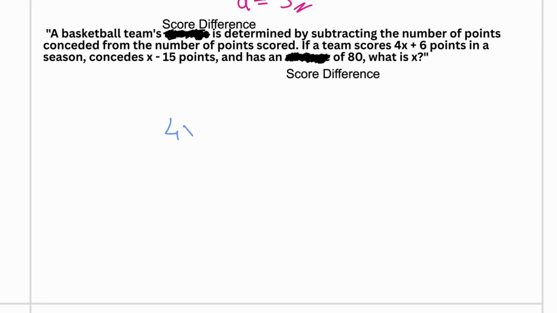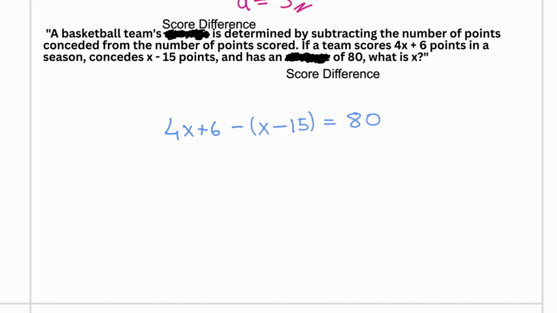So if we do 4x plus 6, the number of points scored, minus x minus 15 equals 80. You would also need to put parentheses, right? Because remember, this minus sign belongs to both x and negative 15.